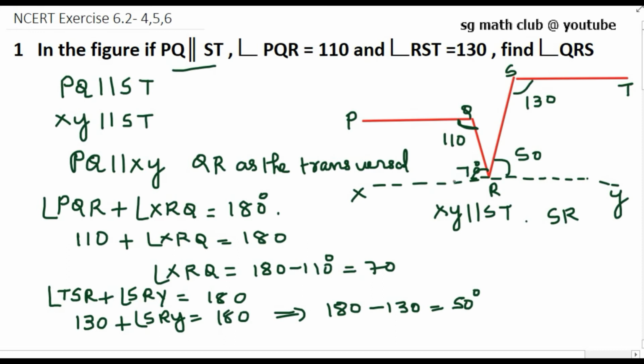Now these three angles, 1, 2 and this angle, form a linear pair. We know that by the linear pair axiom, if a ray stands on a straight line, then the sum of the adjacent angles formed is 180 degrees. So angle 1 plus angle 2 plus angle 3 equals 180 degrees, and we know angle 2 is nothing but QRS.